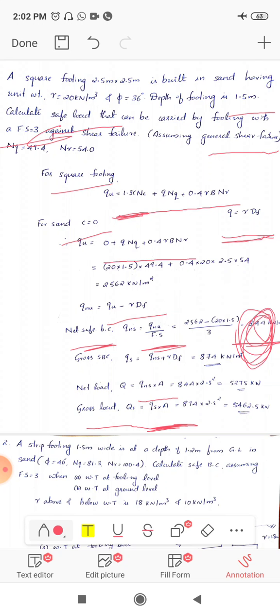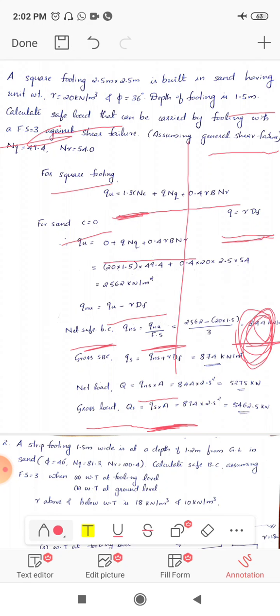Multiplying this pressure with area, we will get a load. So net load is equal to qns into area, that is 844 into 2.5 square, because it is a square footing. Next, gross load is qs into area. So this is the procedure.